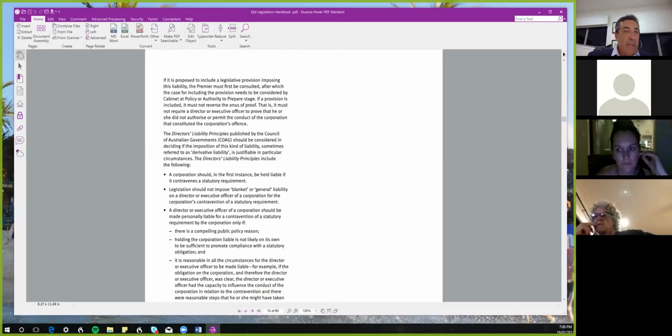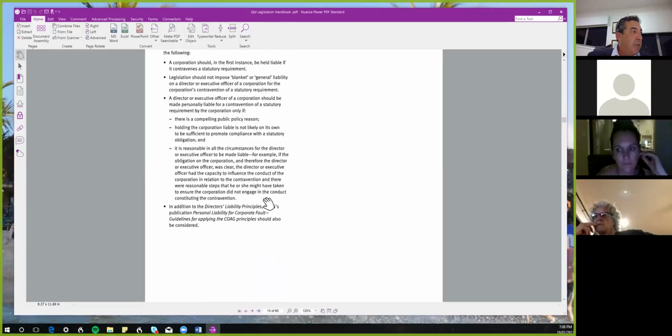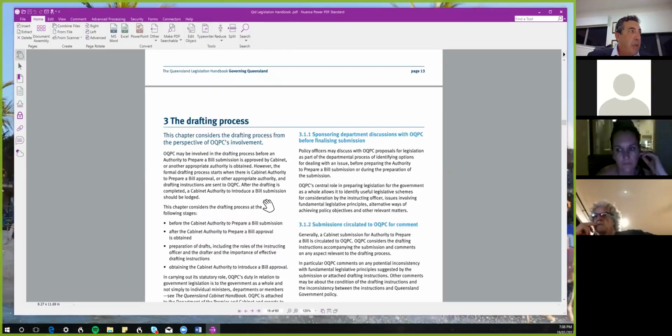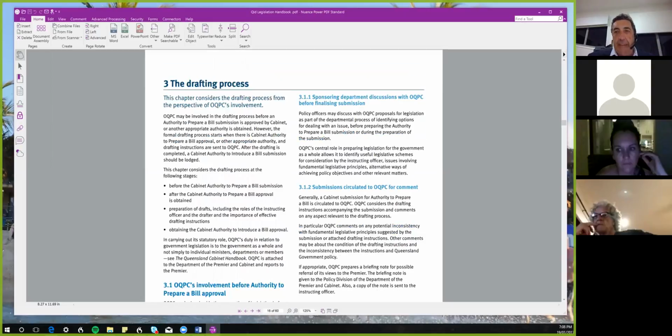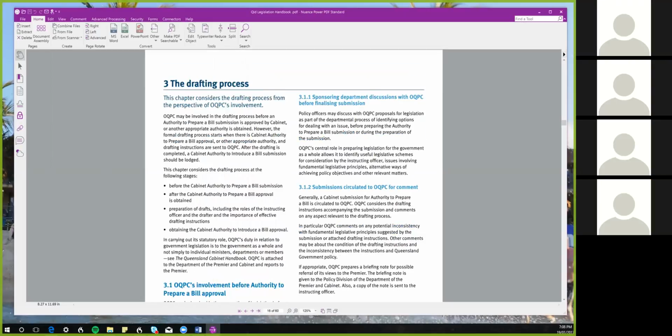All right. Let's have a look at paragraph 3, which deals with the drafting process. So we've talked about the way in which laws come into being. What we haven't specifically done is talk about where you might go to consider the specifics of the drafting process. Well, here it is.